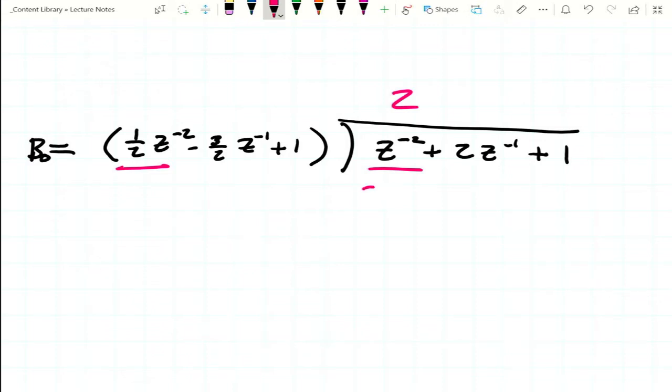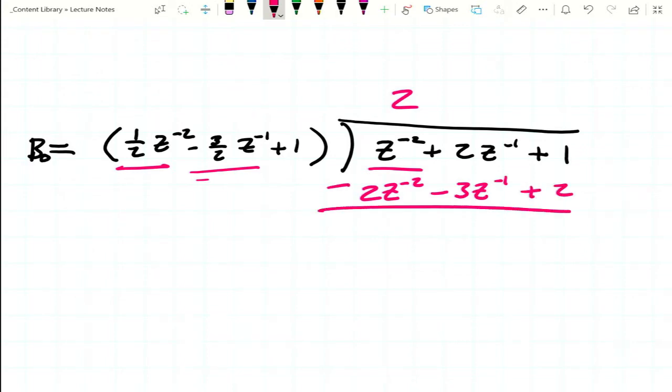So we'll get 2 z to the negative 2 minus, so now it's here, minus 3/2 times 2 is going to be minus 3 z to the negative 1 plus 2. And we subtract them. We're going to get 0. 2 minus negative 3, so it's going to be 5 z to the minus 1.